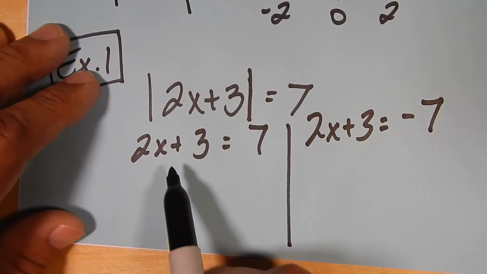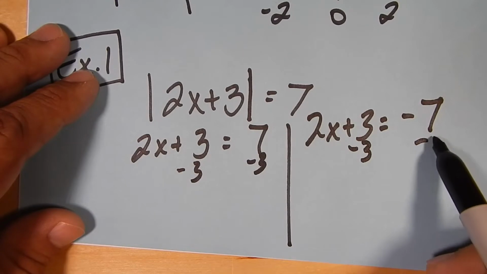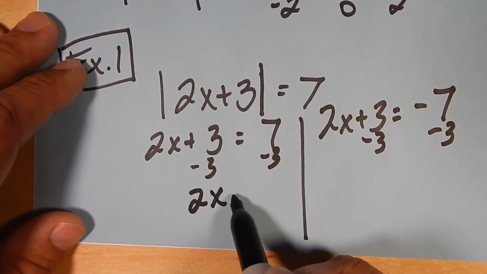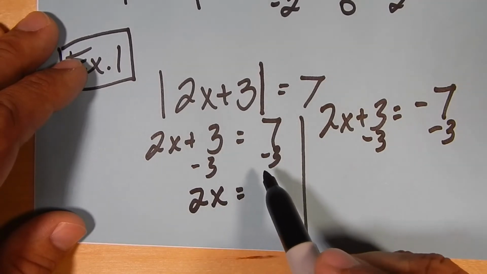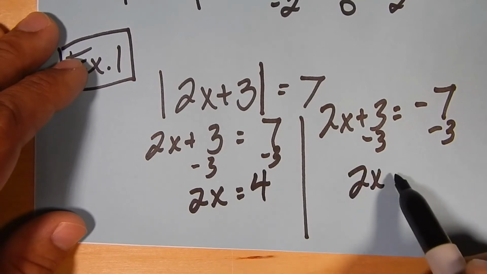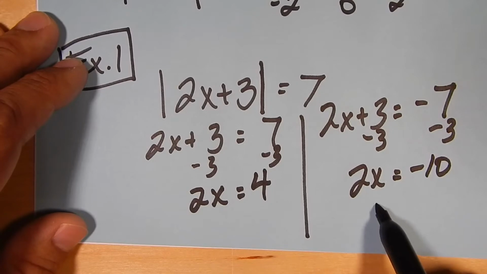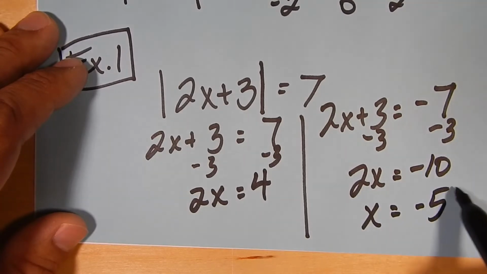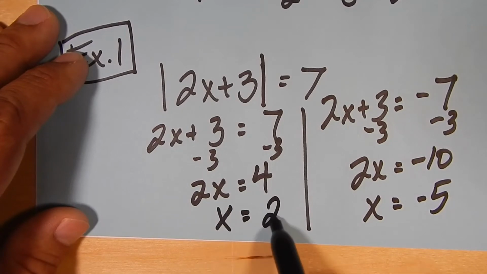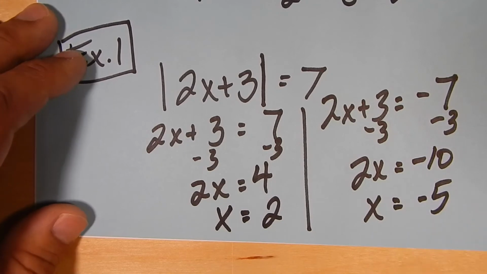So we've got 3 to subtract all the way across. That gives us 2x is 7 minus 3, that's going to be a 4. We have 2x is -10. So here x is -5 if we divide by 2. And here we're going to divide by 2, so x is 2, because 2 times 2 is 4. 2 times -5 is -10.